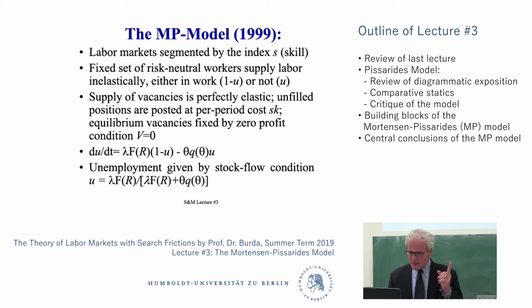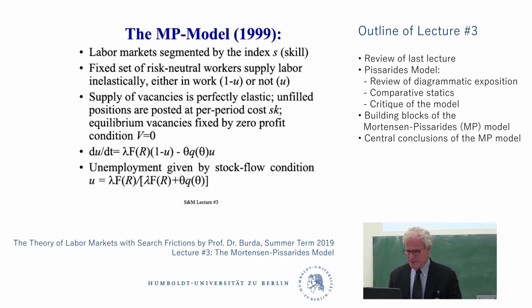This equation is the differential equation that describes unemployment over time. It just says, as in the very first lecture, unemployment evolves as a race between the inflows and the outflows. Inflows is the separation rate times the employment stock.